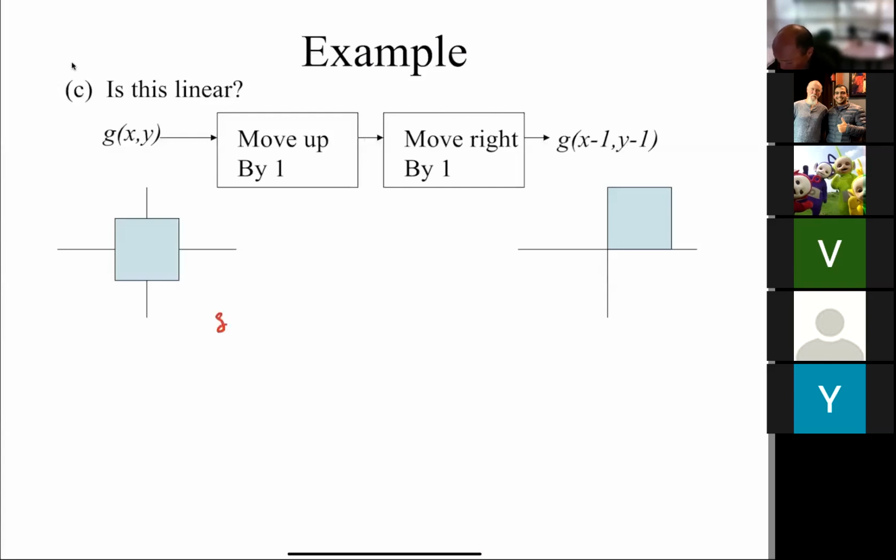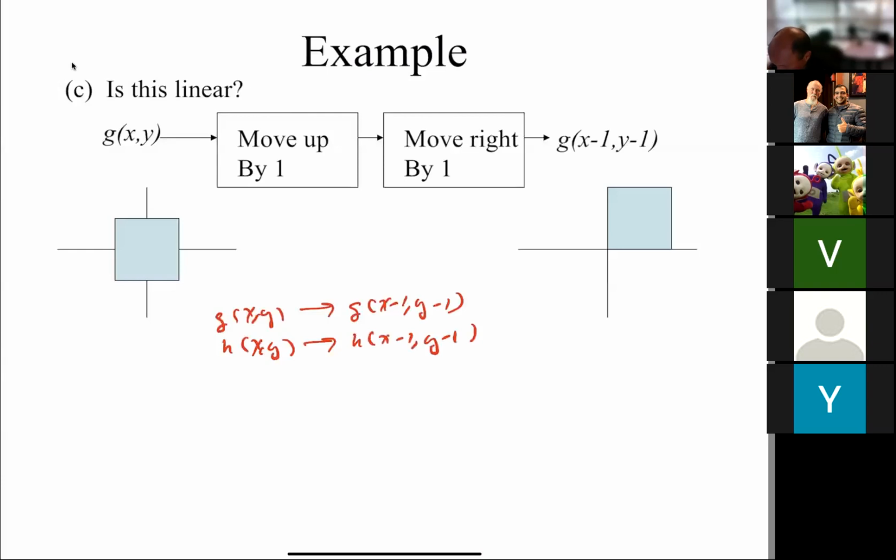If we have g(x,y), it just goes to g(x-1, y-1). Similarly, if I had h(x,y), it would just go to h(x-1, y-1).